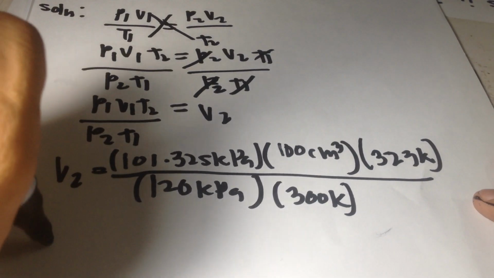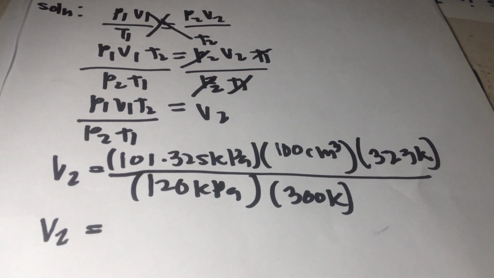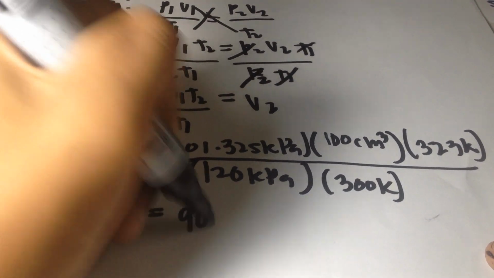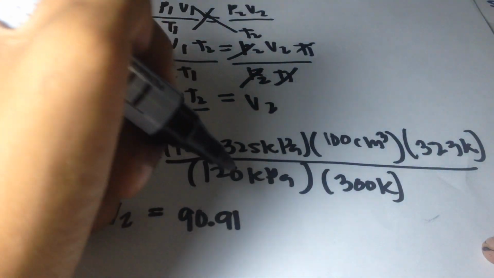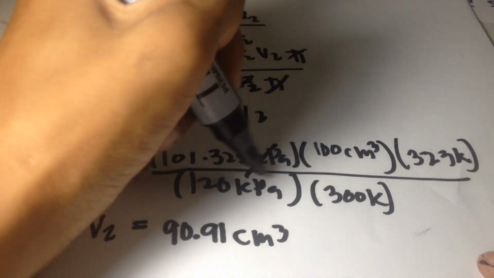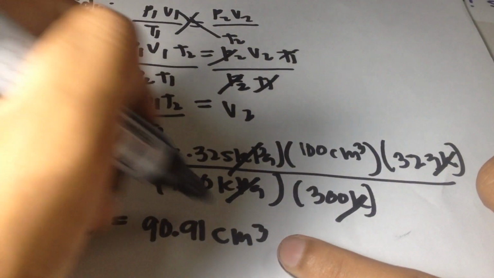So volume 2 is equal to 101.325 times 100 times 323 divided by 120 times 300, which is equal to 90.91 cubic centimeter. So you need to cancel out kilopascal and Kelvin here, and the left is cubic centimeter, that's the unit.